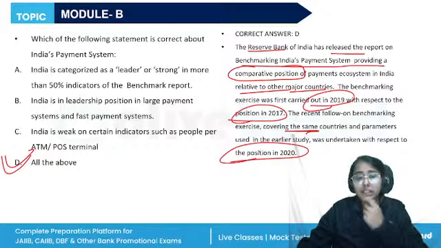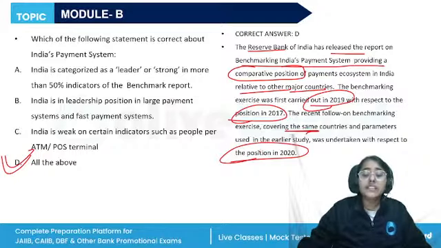According to this benchmarking exercise, we are leaders or strong in respect of 25 parameters out of 40, weak in respect of 8 out of 40. India has made significant improvement in the digital payment network. Also, for public transport, digital payment options are available. So, benchmarking exercise summary is also important.